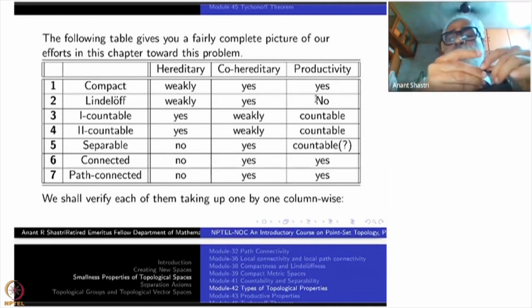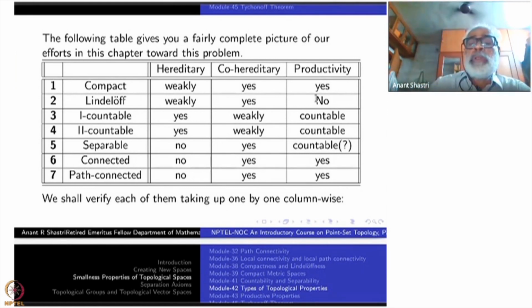Finite is still true, but productivity as such means that it should be arbitrary product also. So here I am saying yes, but we don't have a proof for arbitrary products, not even countable products. Finite products we know. Similarly, for Lindelof, we don't know.